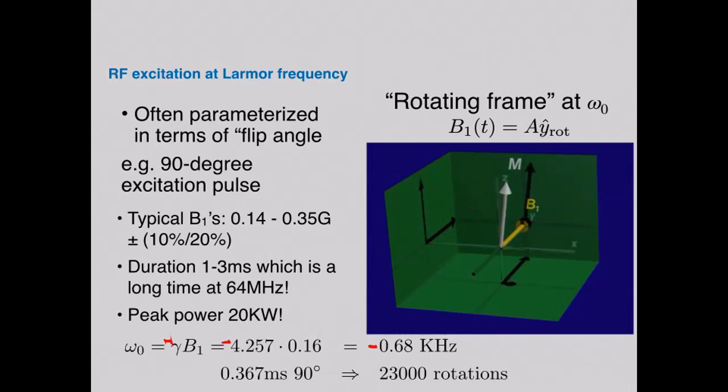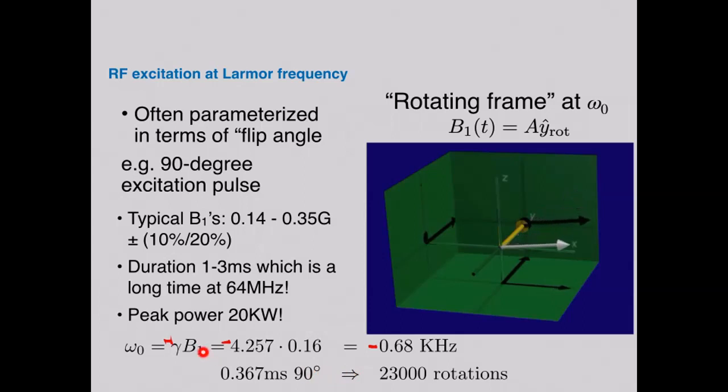Okay, so this is pretty cool. If I apply this type of field, that gives me the frequency. Then from that I can infer how long I need to apply it such that I'll get a 90-degree pulse.